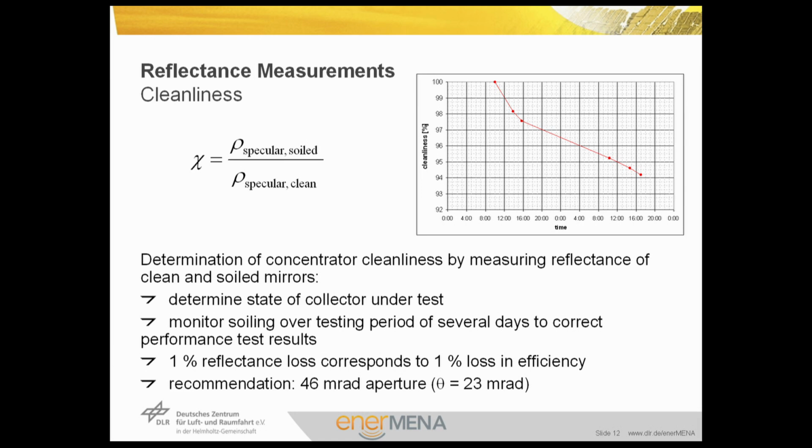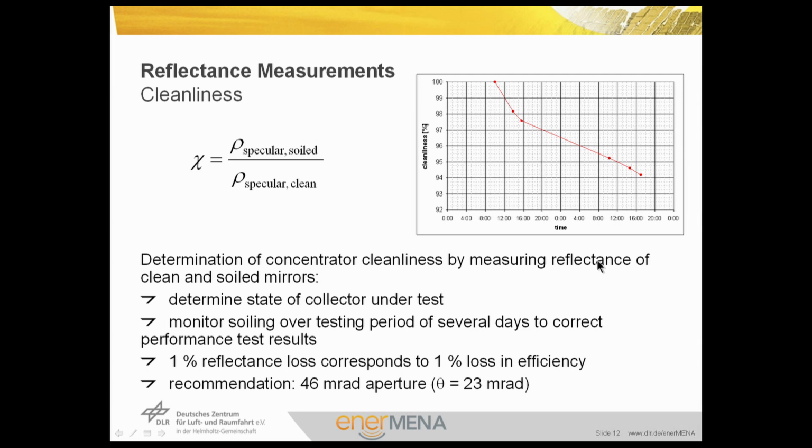To determine this value, the mirror must be measured in a clean and also in a dirty state to monitor over time, as we can see here in this curve, where on a day with sandstorms, for example, or very dirty air, the reflectance can drop quite dramatically if the mirror gets dirty.